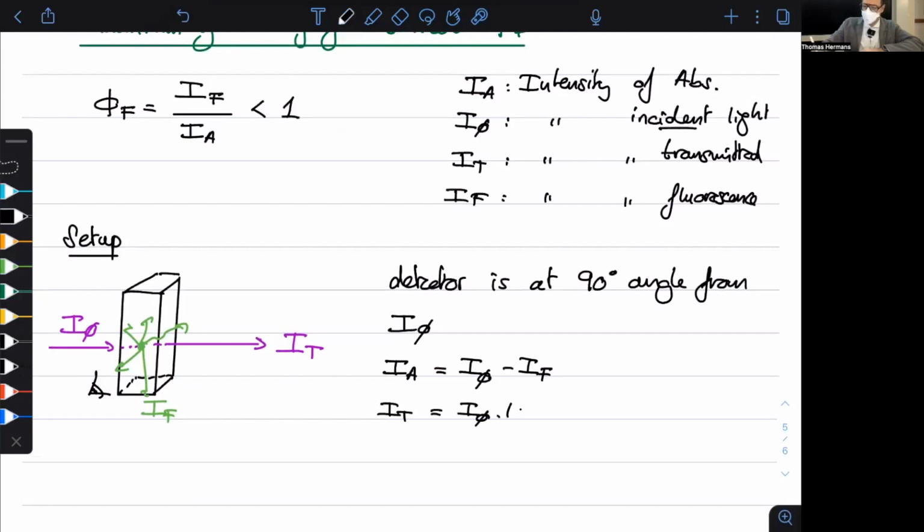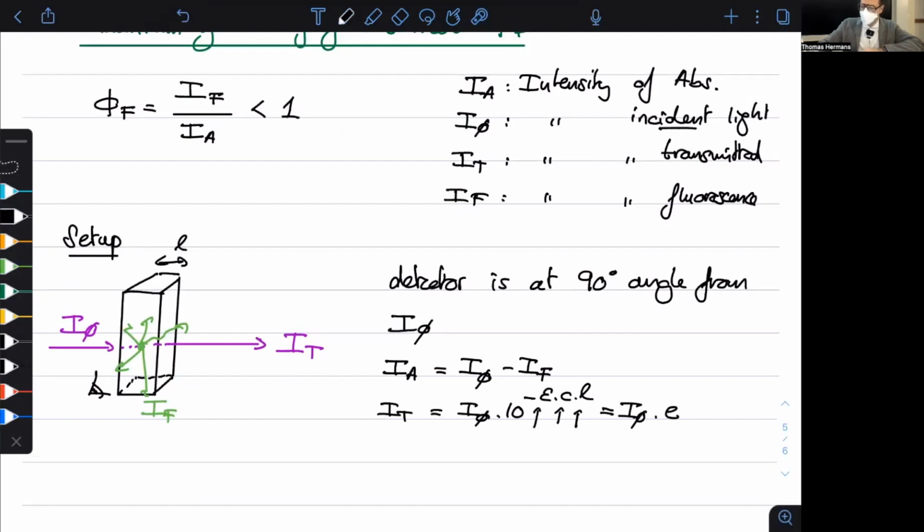So Lambert-Beer is this, E times C times L: extinction coefficient, concentration, path length. In UV, L was the width of the cuvette. You write Lambert-Beer as a 10 log.